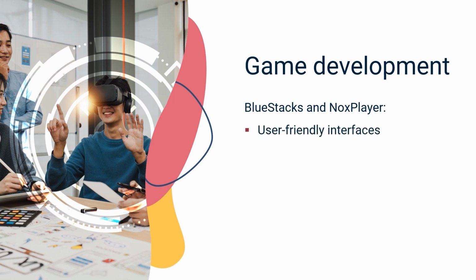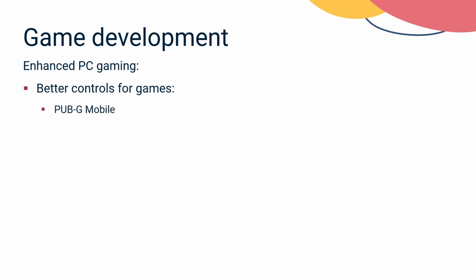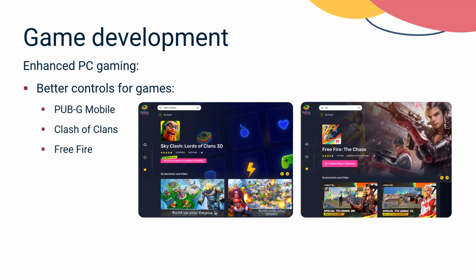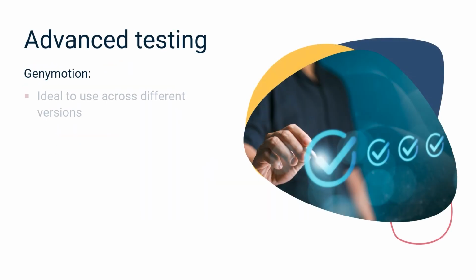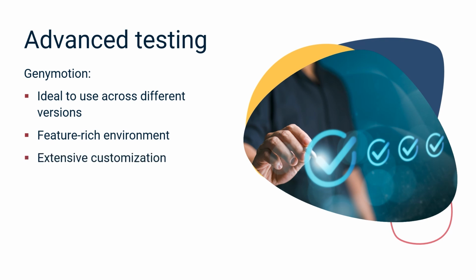Their user-friendly interfaces and multi-instance support make them ideal for game development and testing. Many gamers use BlueStacks and Nox Player to play mobile games on their PCs, enjoying better controls for games like PUBG Mobile, Clash of Clans, and Free Fire. For advanced testing across different versions of Android, Genymotion is ideal. It offers a feature-rich environment to developers requiring extensive customization and superior performance.